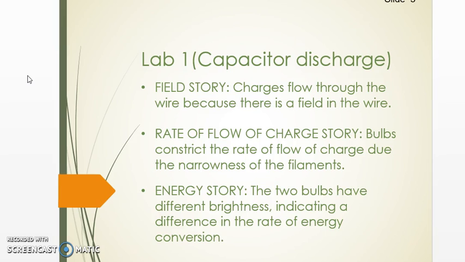That is what's making the charges flow through the wire. And to me, that's the central story and the most important part of the modelling instruction notes, because in the standard presentation of circuits, that's the story that's missing. So I think that's the main thrust of what Labs 1 and 2 are trying to get across.